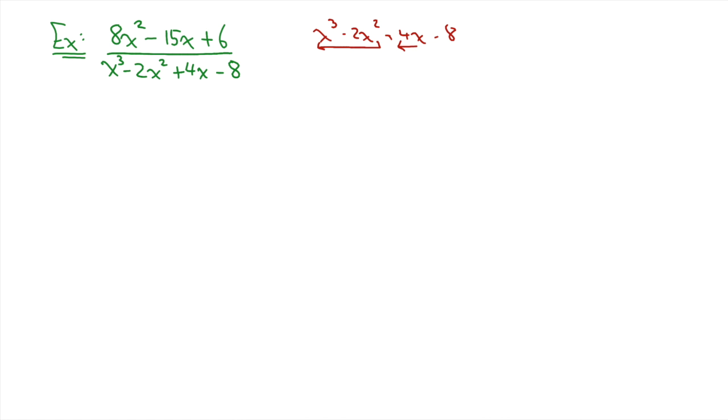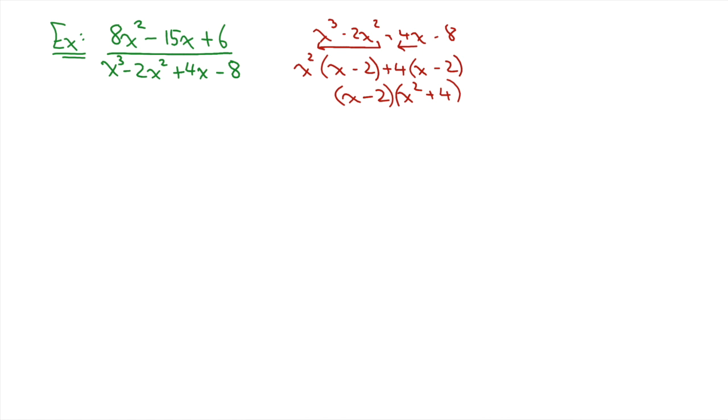What's the GCF of the first two? X squared. What's left behind? X minus 2. GCF of the second two, including the sign? Positive 4, left behind, x minus 2. And then I can yank out x minus 2 and leave behind x squared plus 4.